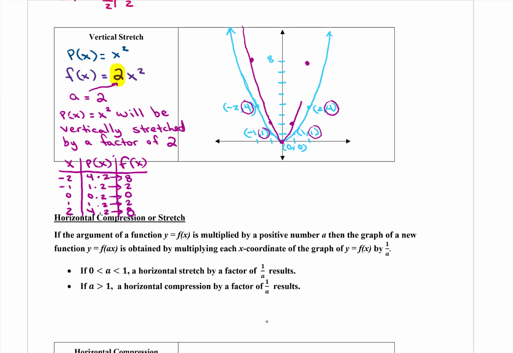This parabola looks a little more narrow than the original parent function. Another way of saying that is that it was vertically stretched by a factor of 2. Let's go ahead and label these ordered pairs.